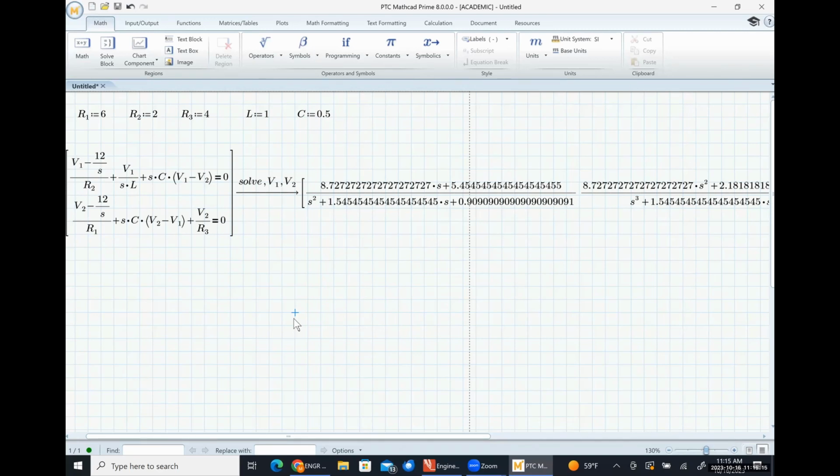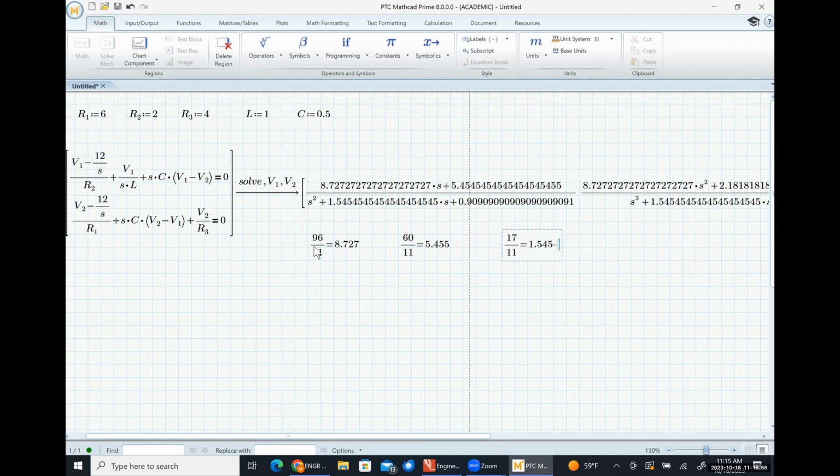I took the time to figure out what these fractions here are. So for instance here, this 8.727 is just 96 over 11. The 5.45 is 60 over 11. Let's see, we've got a factor of 17 over 11 in here somewhere.